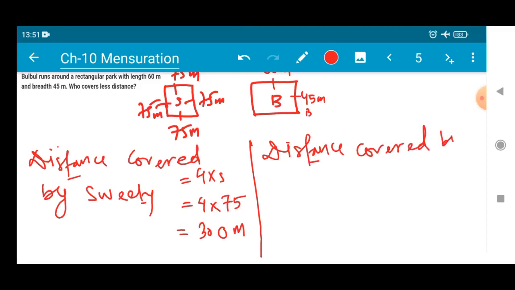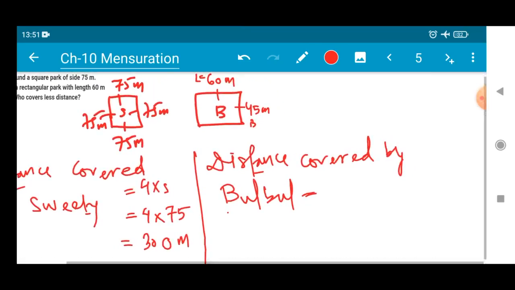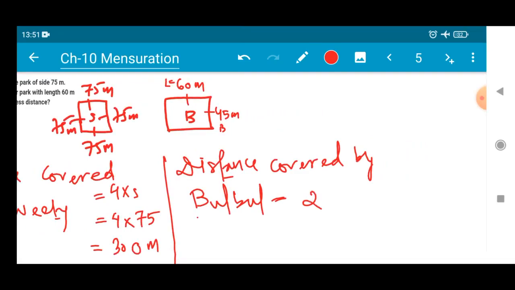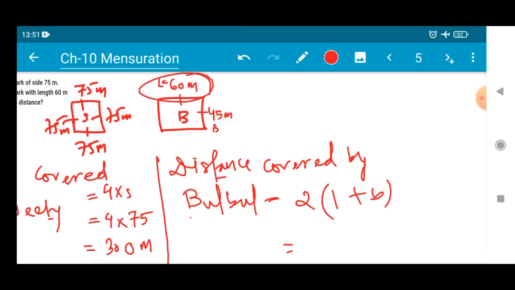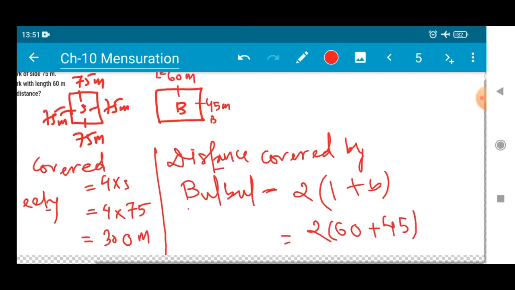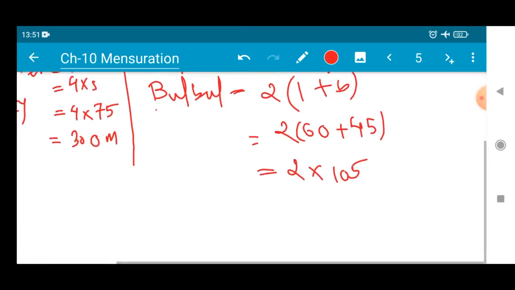Now what is the distance covered by Bulbul, right? So Bulbul is now running in a rectangular path. The formula for it will be 2 into length plus breadth. We got to know that our length is 60 meter and our breadth is 45 meter. So if we add this, 2 into 60 plus 45 will be equal to 2 into 105. Now if you multiply this, 5 2s are 10, 0 plus 1 is 1 and 2 1s are 2.